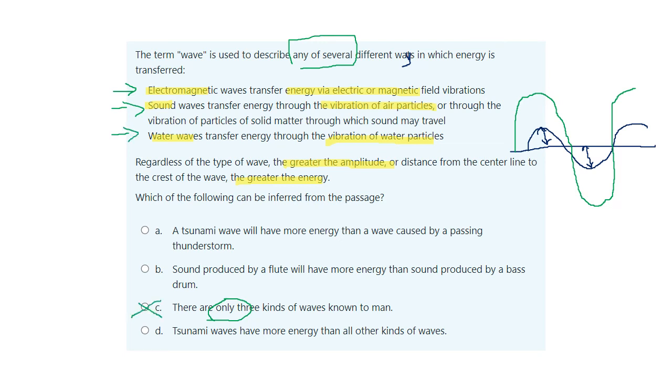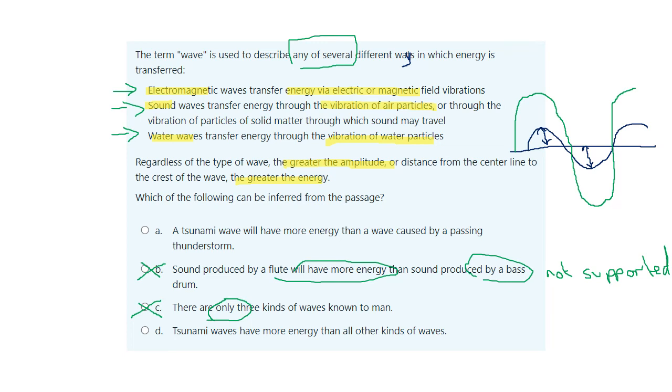So take away answer C. Sound produced by a flute will have more energy than sound produced by a bass drum. That is not supported by the passage. The amount of energy is based on the amplitude. We do not know the amplitude of a flute or a bass drum. So we can take away answer B.